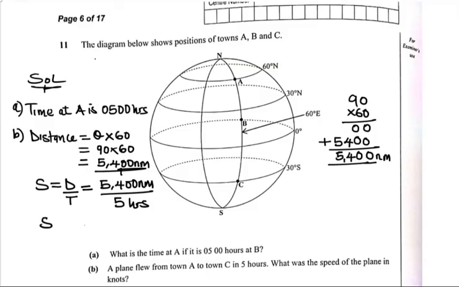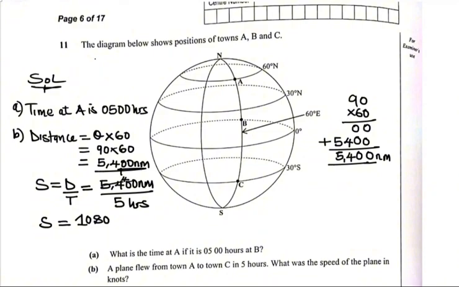So then speed is going to be given as follows. 5 into 54, that gives 10. Then remainder 4, then 5 into 400, that gives 80. So we are getting 1080.